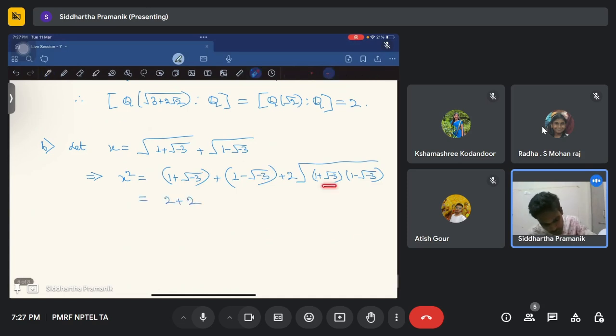This is a complex number and it is the conjugate of that complex number, so we are taking z times z bar and the square root of that, which is the same as mod z. Anyone has any doubt? So what is the modulus of this complex number?